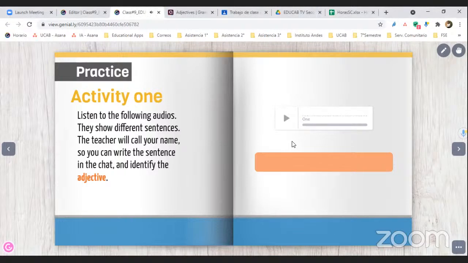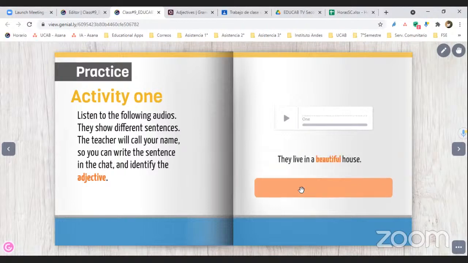Okay, so they live in a beautiful house. And the adjective here is beautiful. Okay, good.